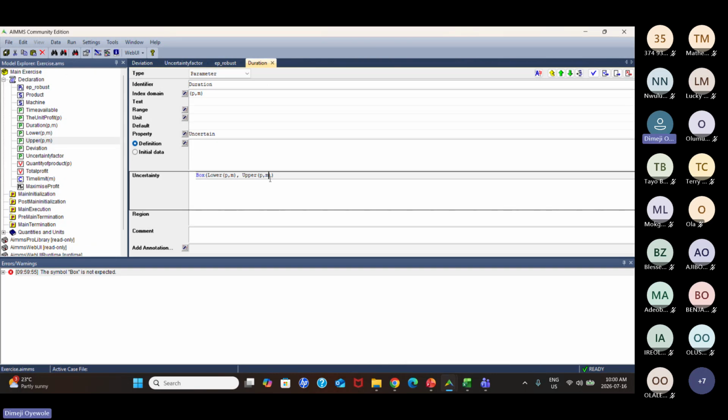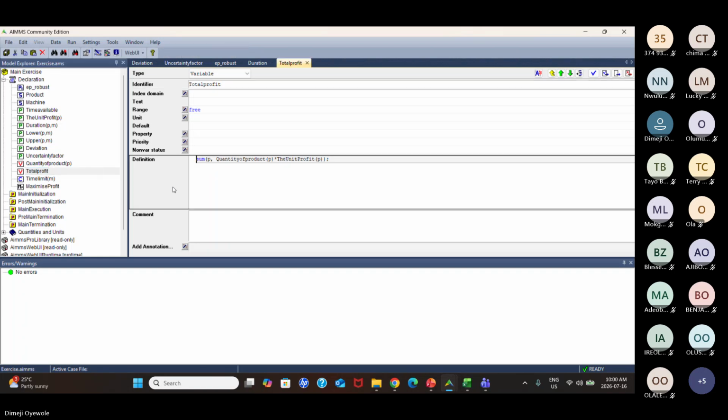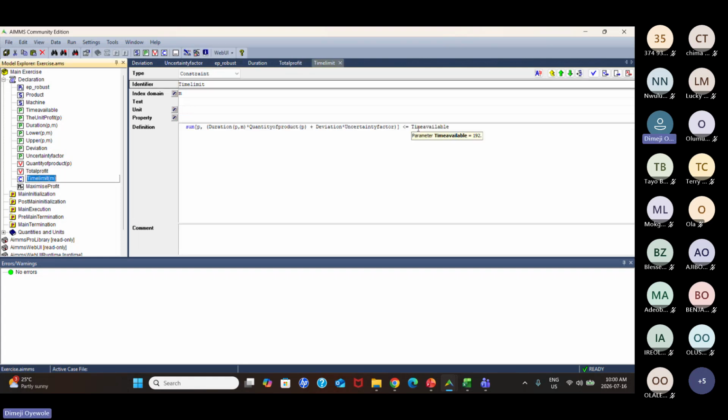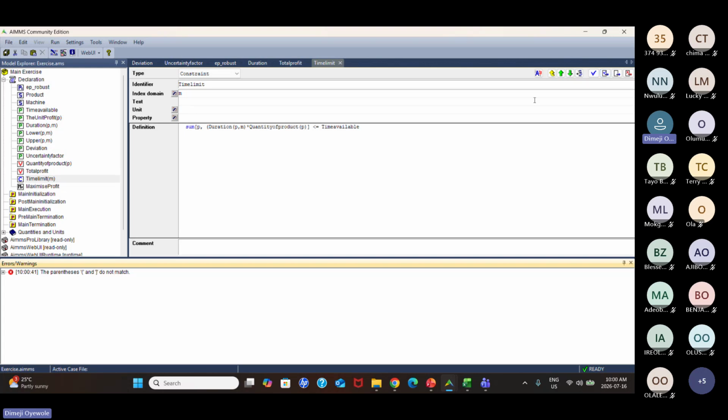Okay, this is supposed to be in the region, not in, supposed to be here. All right, so then let's go back to our total profits. The constraints. You have to remove this and just put it the way it was initially. I'll put that.